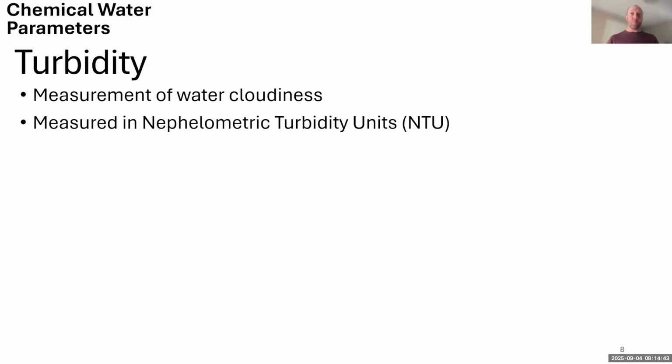Okay, turbidity is just the measurement of the cloudiness of water. It's really just a proxy for measuring the cloudiness of water, and the unit that it's measured in is called nephelometric turbidity units. This is measured a few different ways.